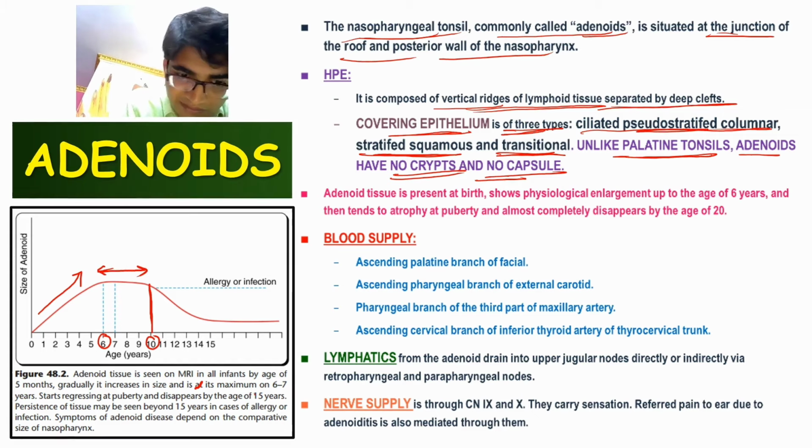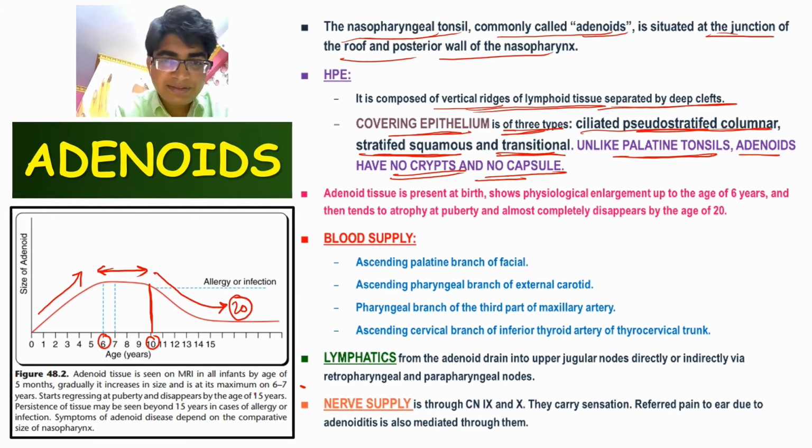Then the adenoid atrophies, and it starts atrophying from the age of puberty mostly, and it has completely disappeared by the age of 15 to 20 years of age, correct?